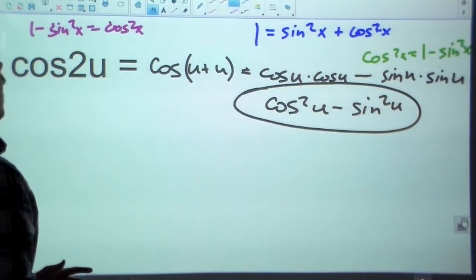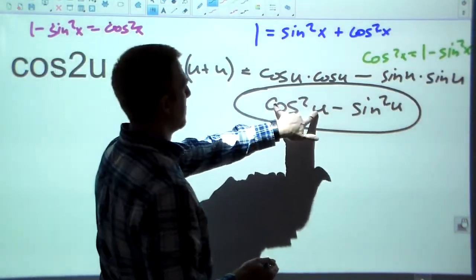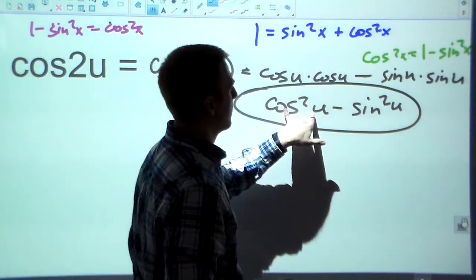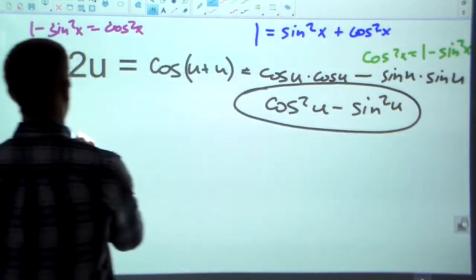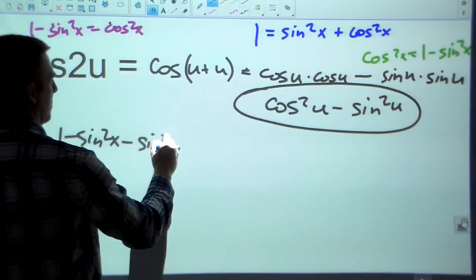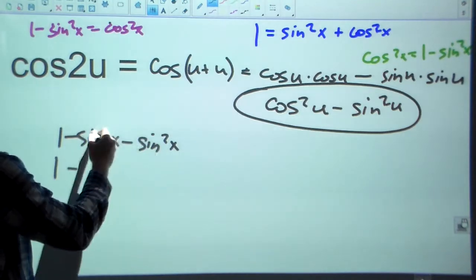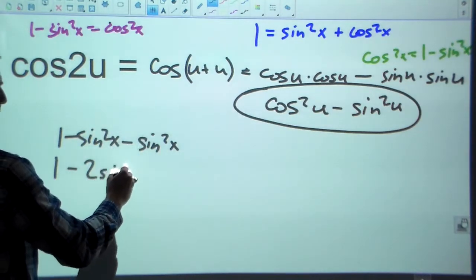And I'll use both of those. So another way to rewrite this identity, let's try substituting cosine squared with 1 minus sine squared. So if I do it that way, it's 1 minus 2 sine squared x.